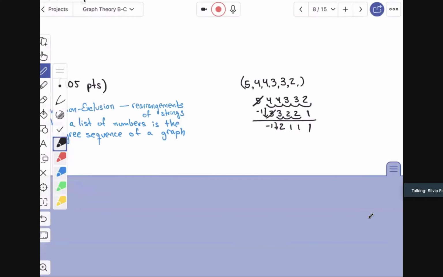If you eventually get to something that you can construct, it doesn't matter how many steps you take, you don't need to get all the way down. So do as many steps as you want to either figure out that the degree sequence that you obtain is the degree sequence of a graph or it isn't. So for example, here I can keep going. I'm subtracting 1 from each one and I get this.